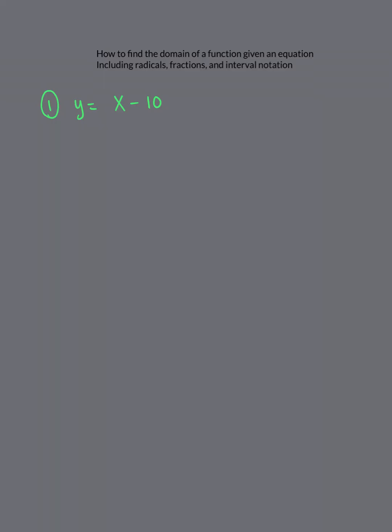So when you are finding the domain, what you're thinking about is what inputs can you put into this equation to get a real output? And in this case, there are absolutely no restrictions on x.